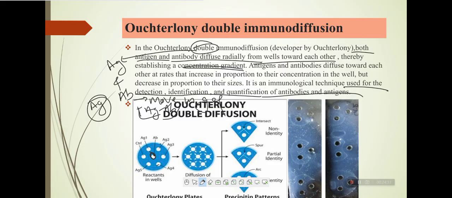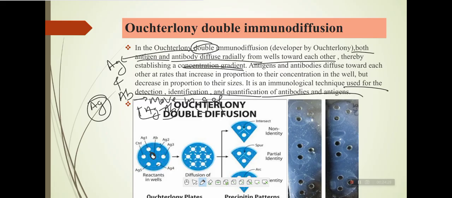Now we have to determine whether this antibody has a paratope for all types of antigen or a single type of antigen, or whether the antigen has an epitope for this antibody or not.